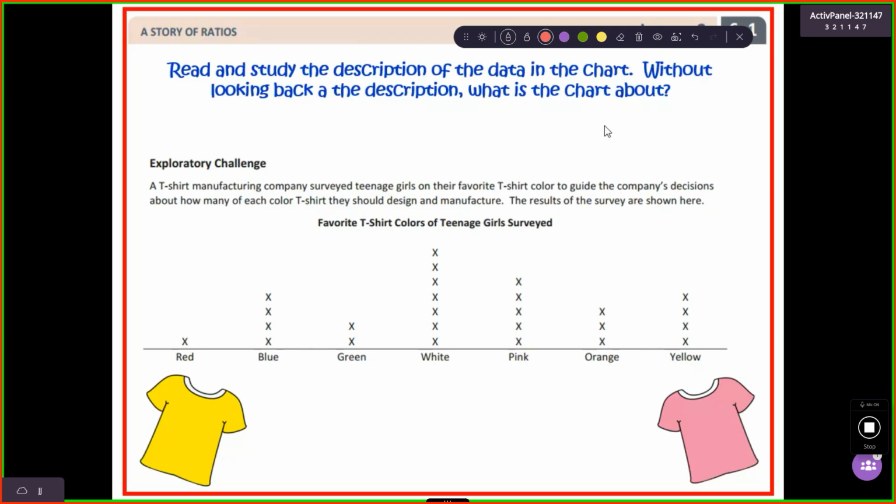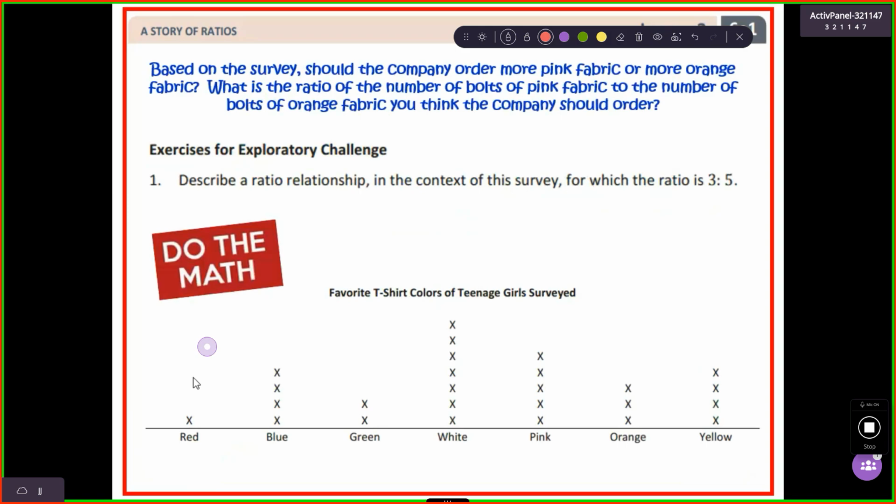Now, a t-shirt manufacturing company surveyed teenage girls on their favorite t-shirt color to guide the company's decisions about how many of each color t-shirt they should design and manufacture. The results of the survey are shown here. Well, how many red did we have? 1.